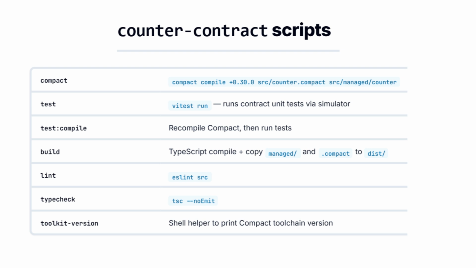Test:compile recompiles, then tests. Useful when you're actively editing a contract. Build does the TypeScript compilation and copies the compiled artifacts into dist. Then you've got lint, type check, and a little helper to print the compact toolchain version. You probably won't use that too much.